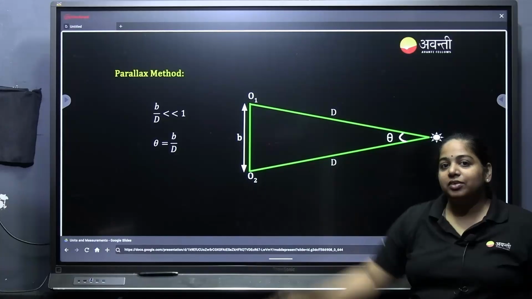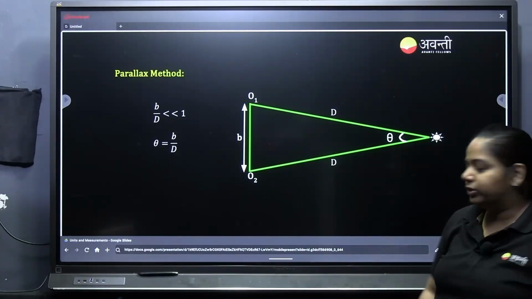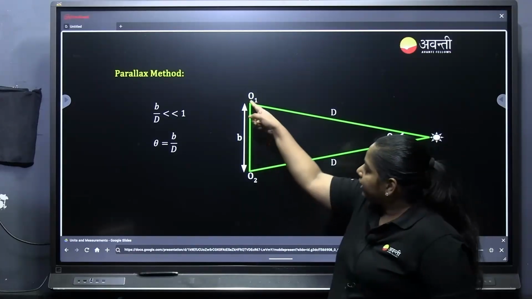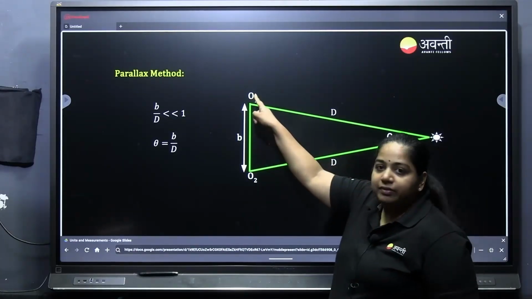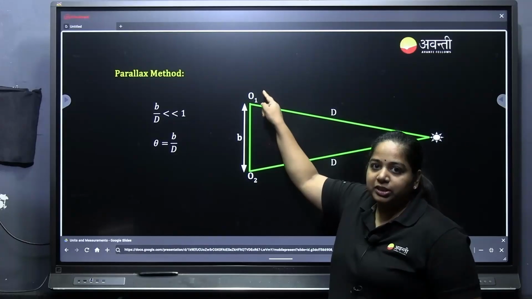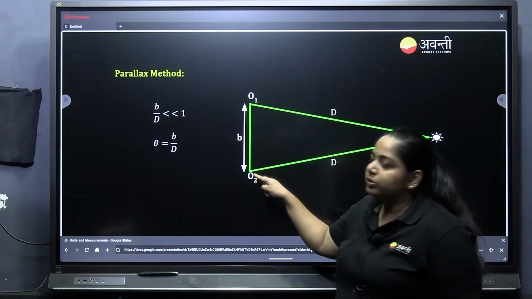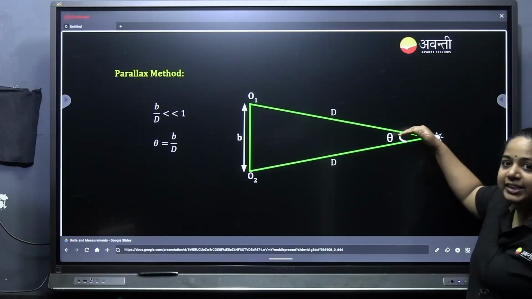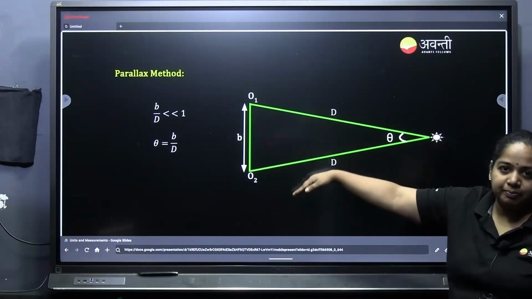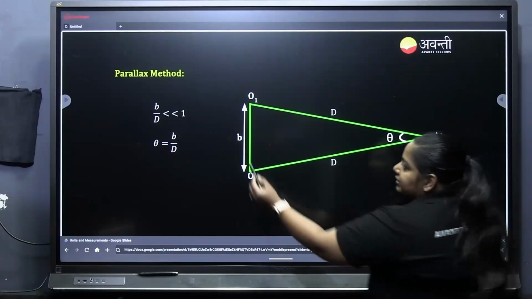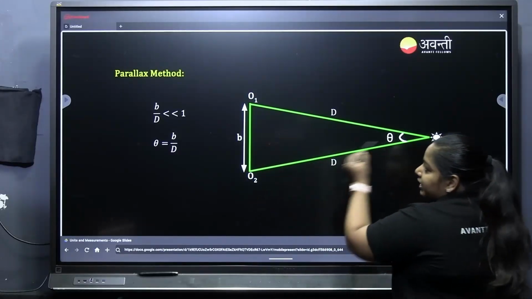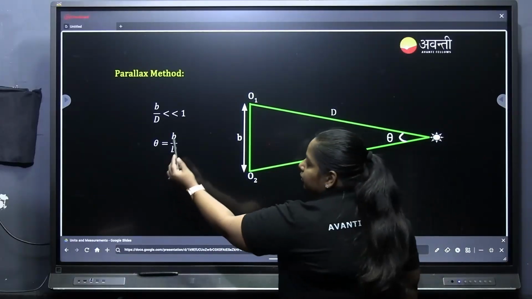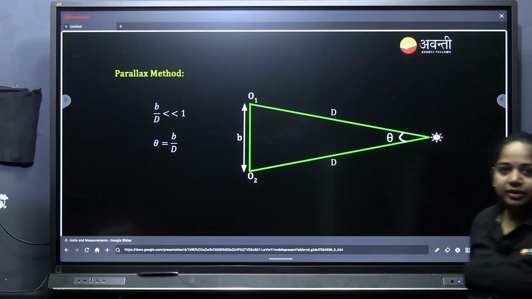Our same equation we used, arc equal to radius into theta. That same equation we can use here. See, here first we observe that star from O1 position, then we go to O2 position and observe the star. So the star is making a theta angle between these 2 points. Then we can say that B is arc length, D is radius, theta is theta, then theta equal to B by D, right?